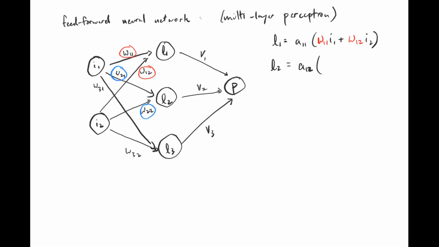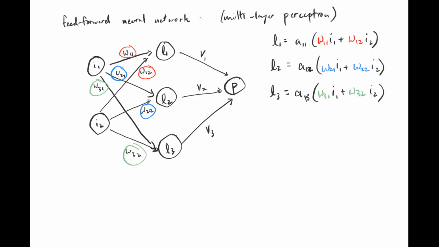So we'll have W21, W22, and that's going to be I1 and I2. Layer 3, same deal. We'll have an activation function, and then it's going to have two sets of inputs, W31, W32, like so.